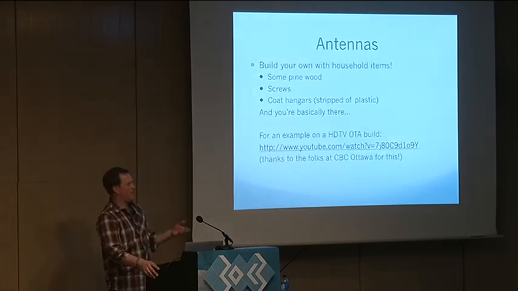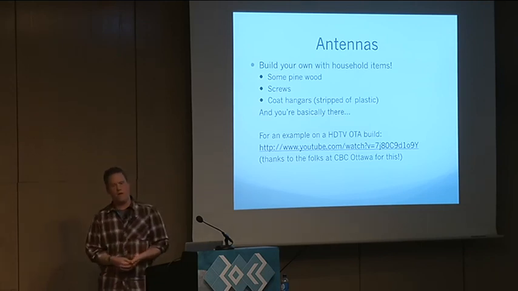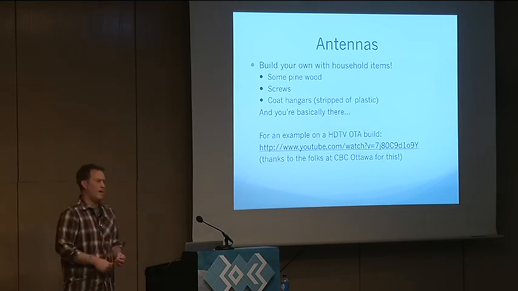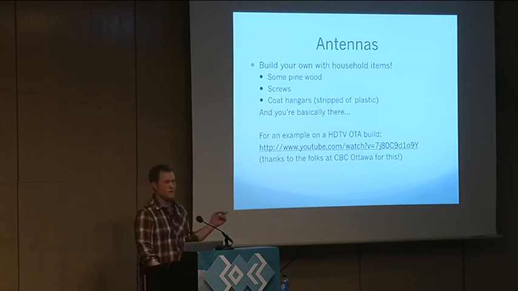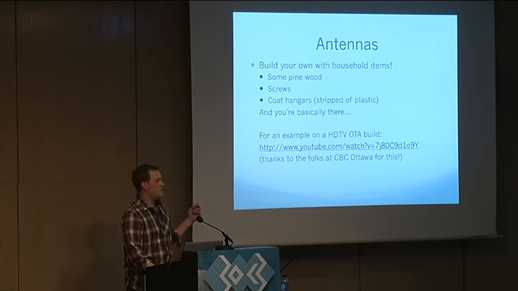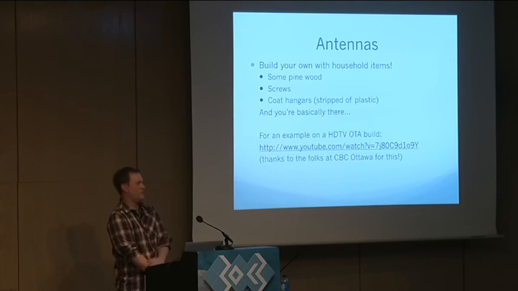Furthermore, instead of buying an antenna such as those, you can build one easily. This is very easy to do. You just need some pine, some screws, coat hangers, things of that nature. I'm not going to show this video now, but I wanted it in the slides. The BBC Ottawa folks did a great little 5-minute video on building a UHF VHF HD TV receiver for some of the new digital over-the-air stuff.